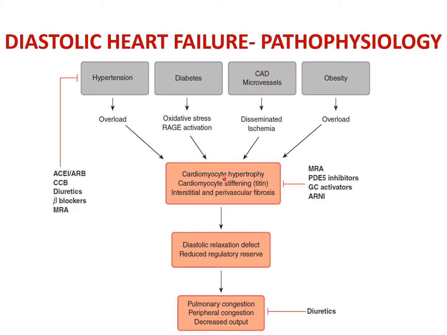And this is the pathophysiology of diastolic heart failure. Here it is mainly due to the associated comorbid conditions like hypertension, diabetes, coronary artery disease of microvessels, and obesity. All this will lead to cardiomyocyte hypertrophy and stiffening of the cardiomyocytes, interstitial and perivascular fibrosis.